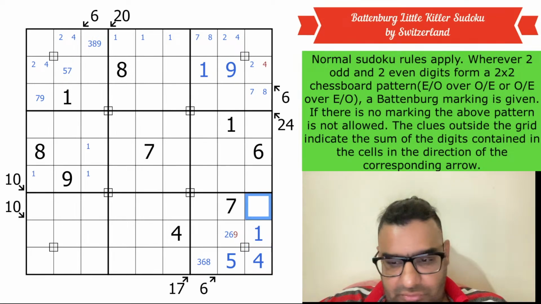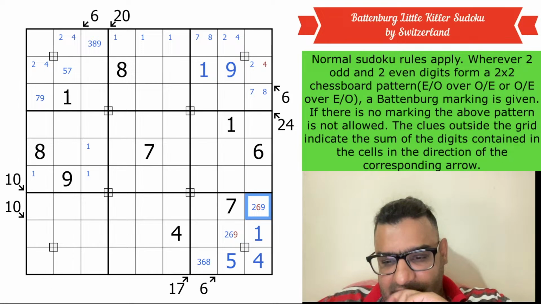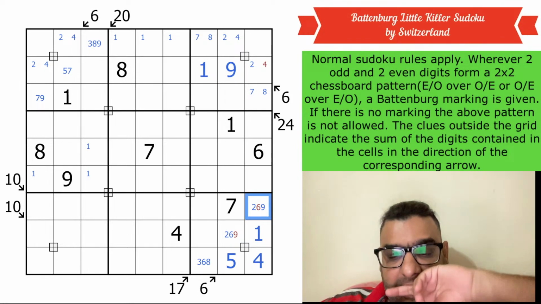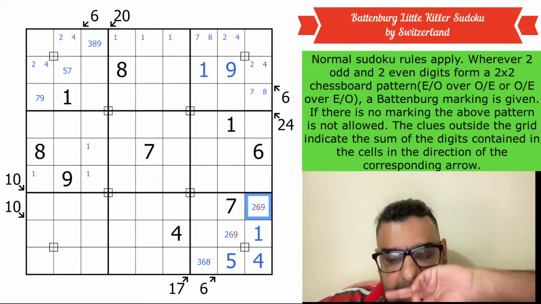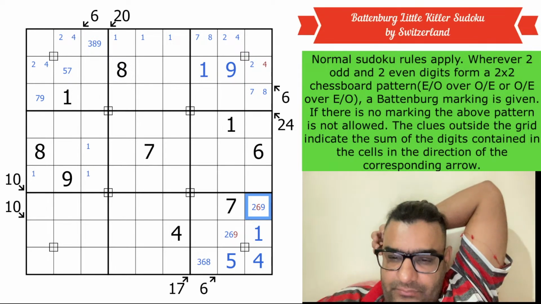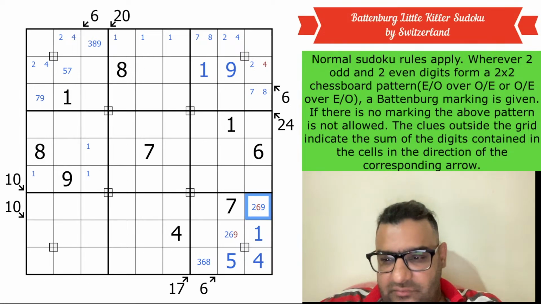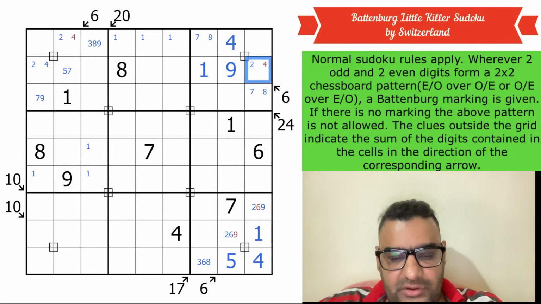So it was 2, 6, and 9. And because it is 4, no, no. Okay, if there is 4, then this could be 4, this could be 2.